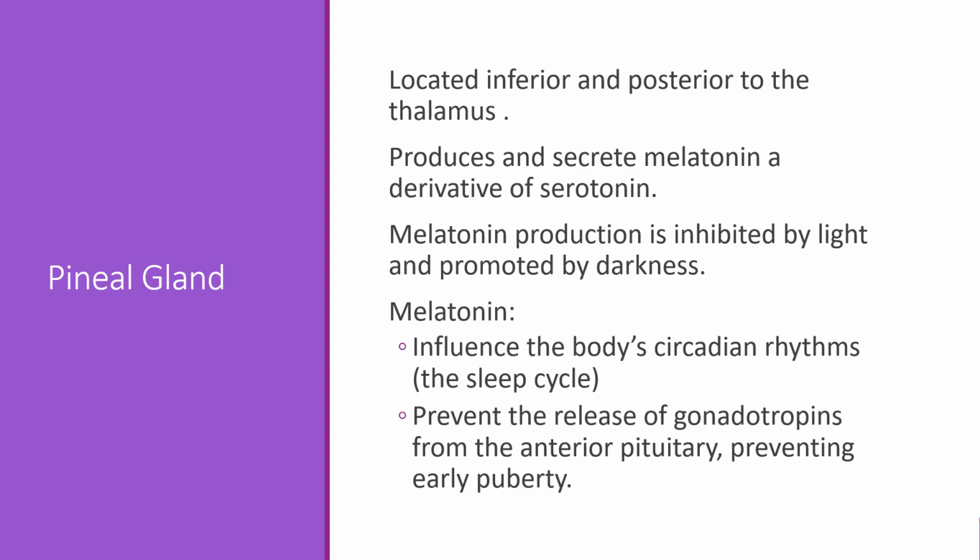It prevents the release of gonadotropins from the anterior pituitary, which prevents early puberty. So they've done some really interesting studies on melatonin, and what they have found is that women in equatorial regions of the world, in particular, start their menstrual cycle 2 to 3 years earlier than women who live in areas that are higher in latitude, like Norway, where they don't have nearly as much sun.